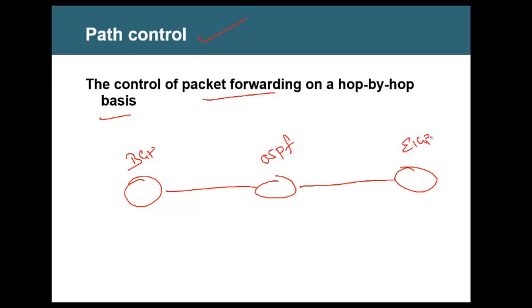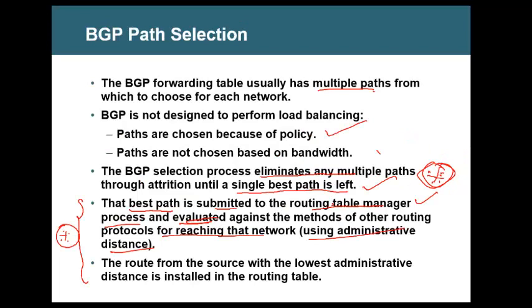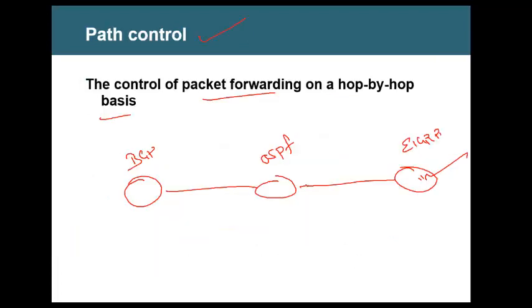So what I'm coming to say is the router has the final routing table manager process to do. Only based on the routing table manager process evaluation, whose route to use will be determined.